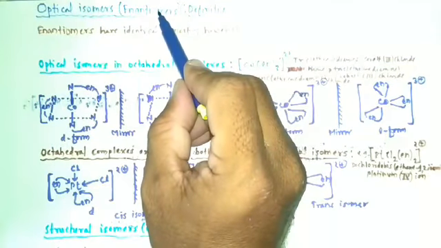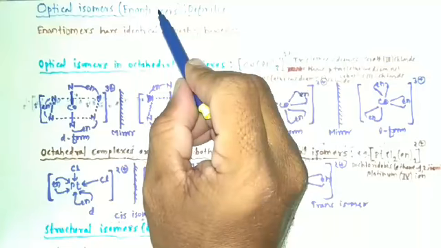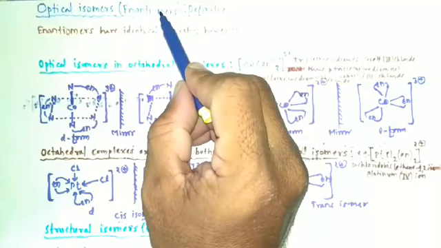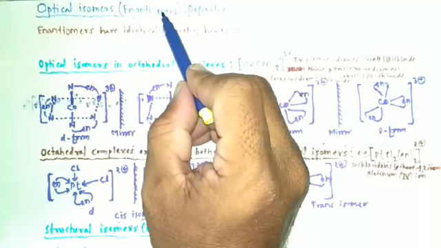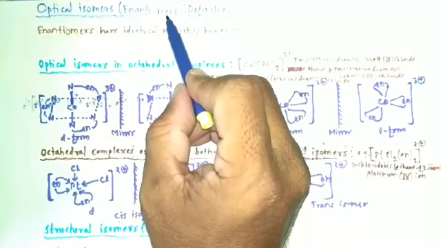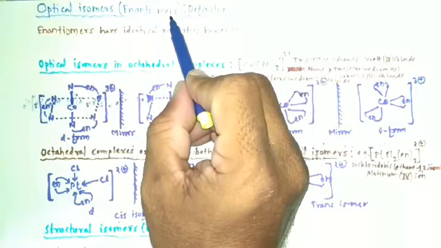The phenomenon of optical isomerism is most common in coordination compounds.